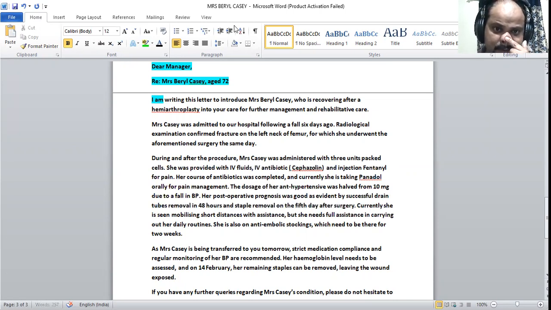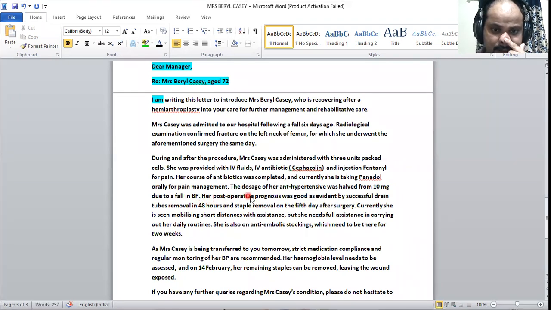Her course of antibiotics, you can see her course of antibiotics was completed. It means this thing is over, and currently she is taking Panadol orally for pain management. Now she was taking fentanyl, now she is taking Panadol orally for pain management.